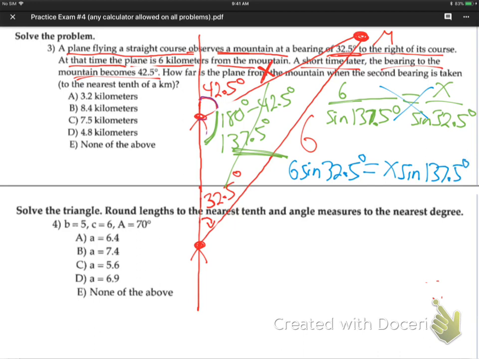Last step is divide by the sine of 137.5 degrees. Boom. X equals 4.77, which rounds to 4.8.